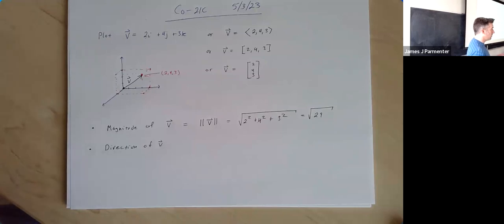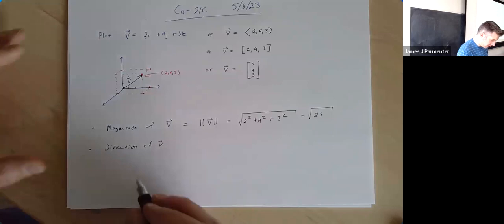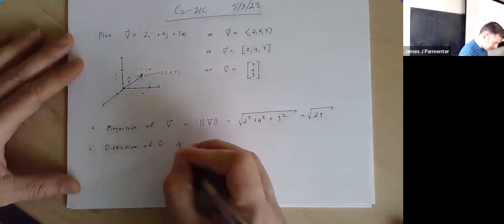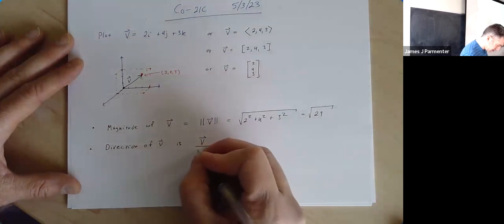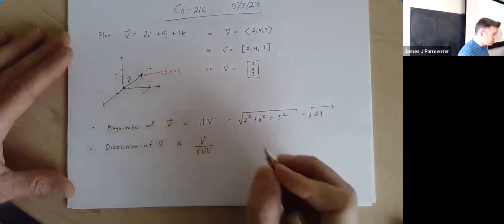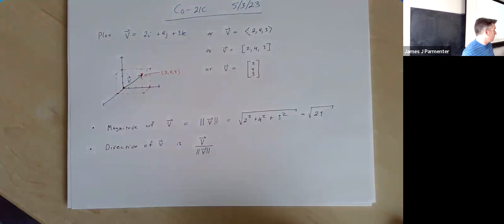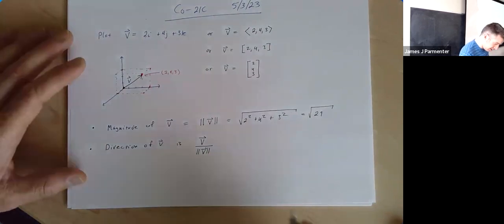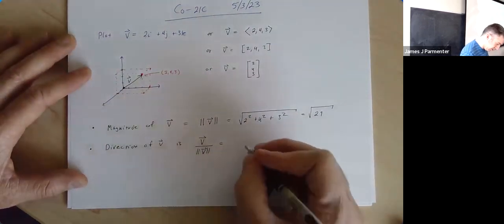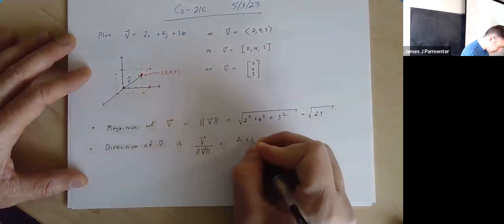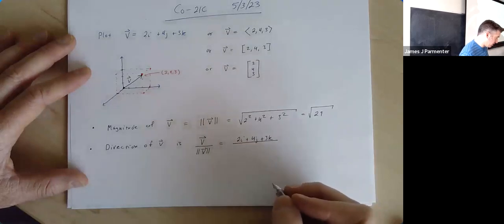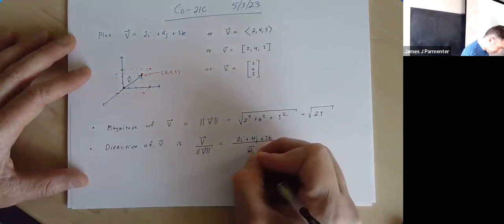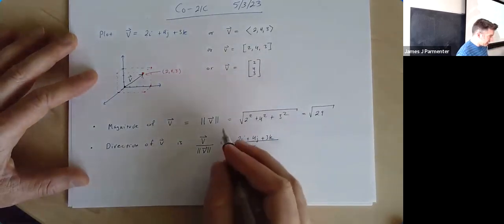So when we talk about a direction vector, we usually talk about a vector of length 1. So the direction of v is going to be the vector v divided by its own magnitude. This new vector will have a length of 1. If I do this, I've got the vector 2i plus 4j plus 3k divided by the magnitude, which is the square root of 29. I'm just going to divide each component by that.